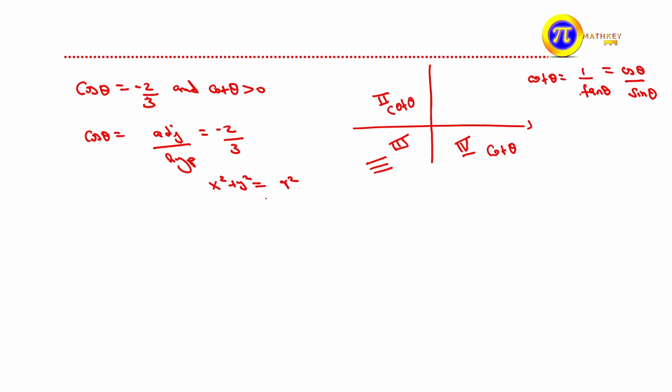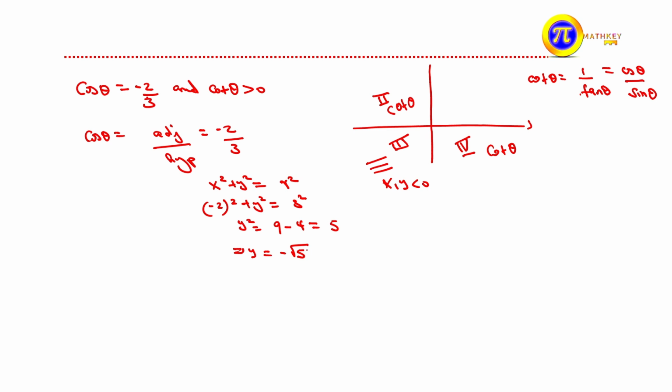So negative 2 squared plus y squared is equal to 3 squared. Y squared is 9 minus 4, which is 5. So y is equal to negative root 5, because in the third quadrant both x and y are negative, less than 0.